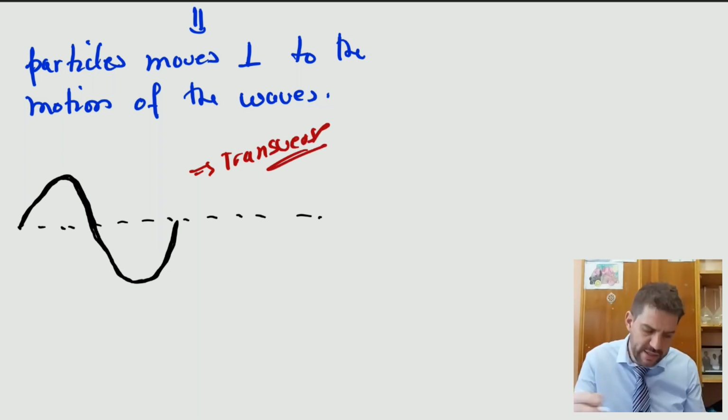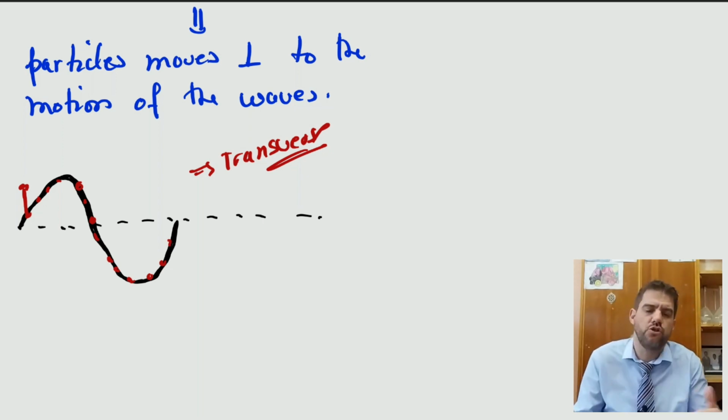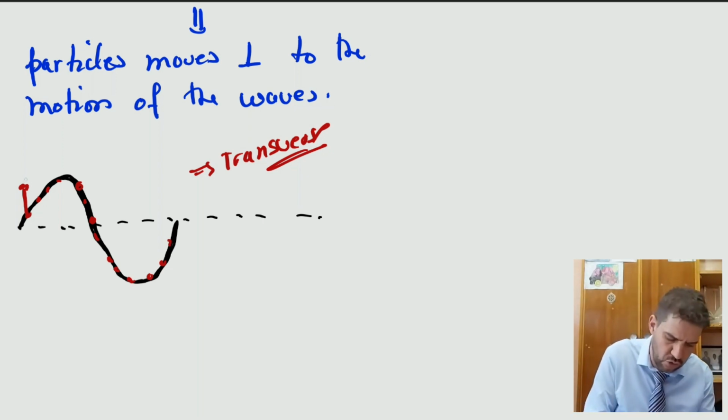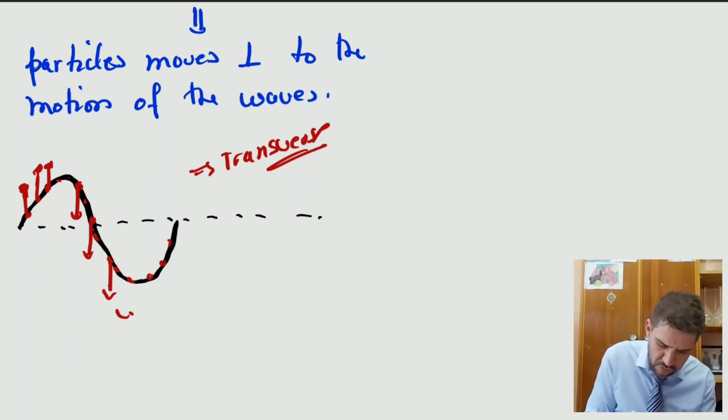Now, why transverse? Well, let's say the wave is made of particles. There are a lot of particles, and I'm obviously not going to draw as many. These particles are moving up at certain points on the wave and down at other points. So those are the motion of the particles.